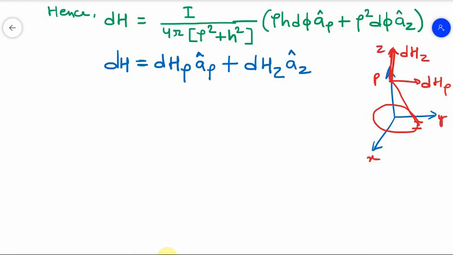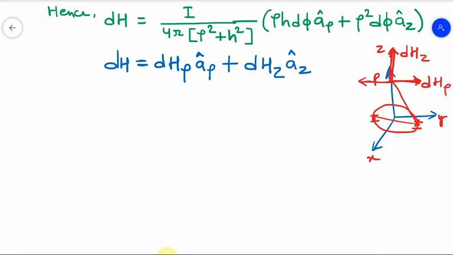If the element is here, it is along this direction. If the element is diametrically opposite, obviously it will be in the opposite direction. So for every current element there will exist an opposite element on this circular current carrying conductor, which will cancel the components.